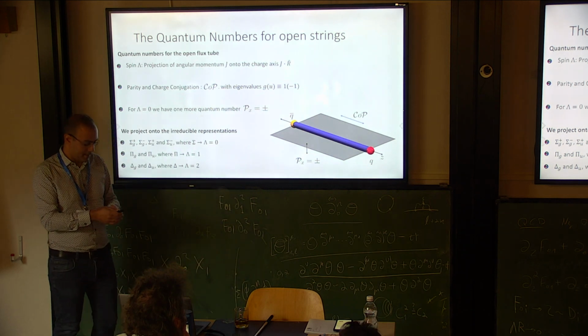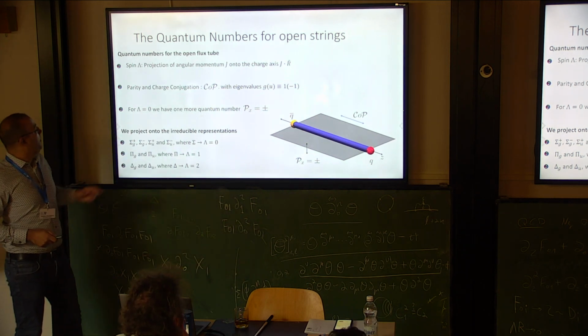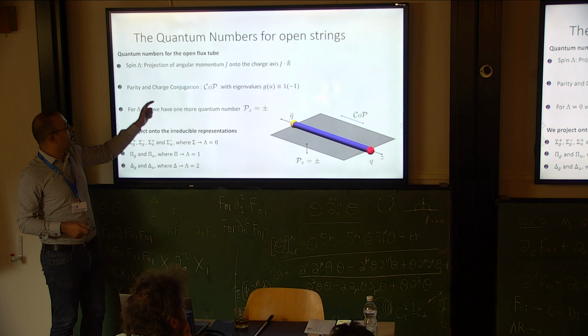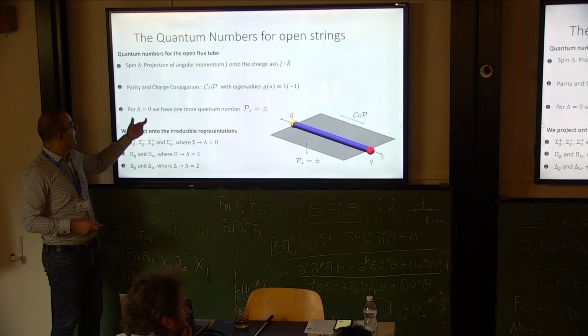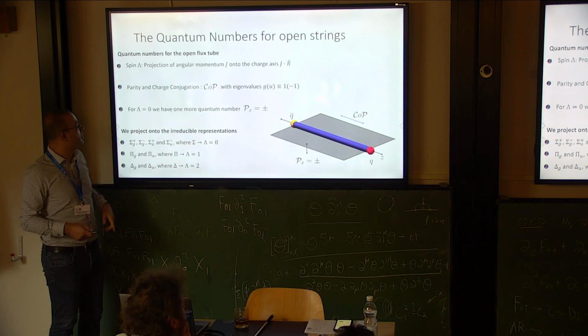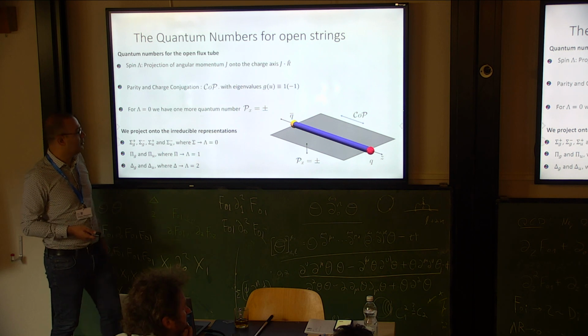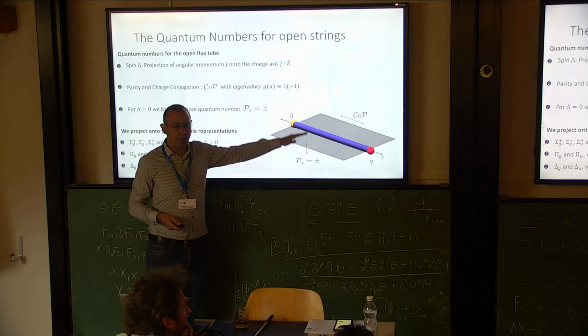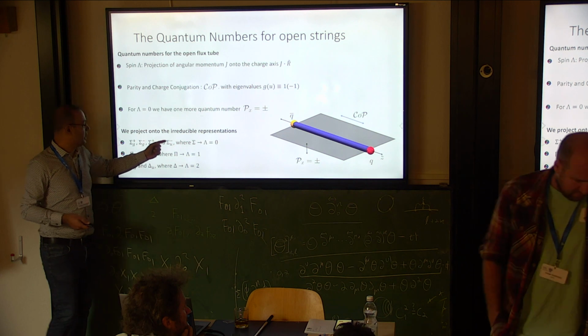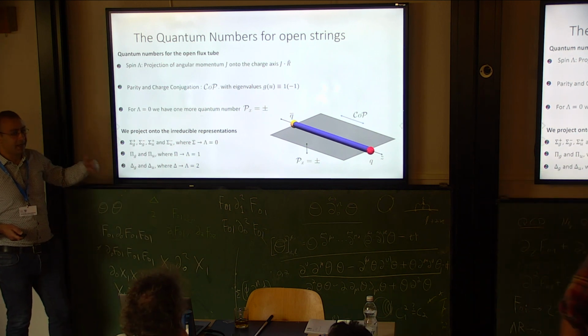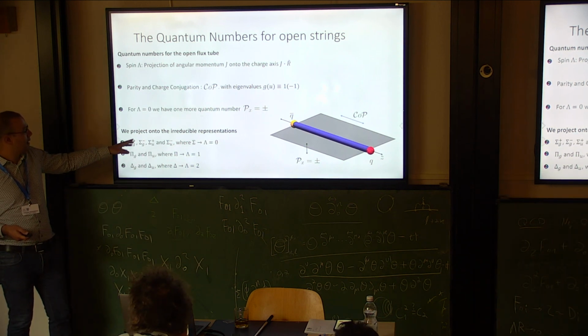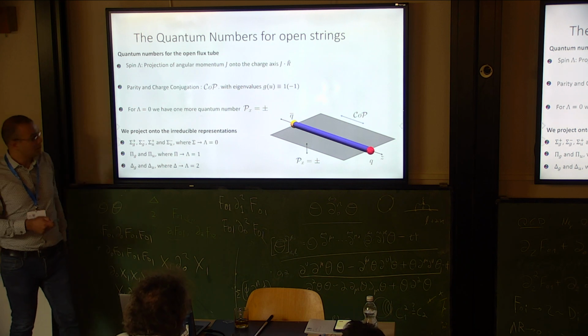There is a combination of parity and charge conjugation. And for spin 0, we also have an additional quantum number, which is the transverse parity. So in total, in this work, I project onto 8 different irreducible representations.